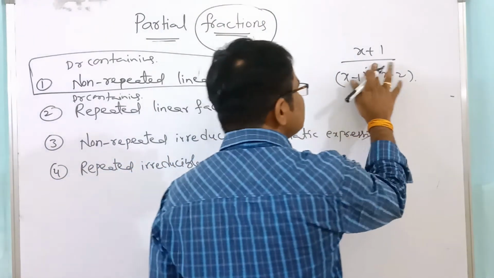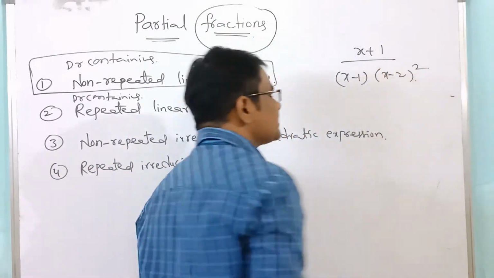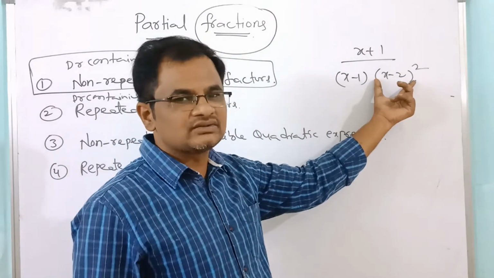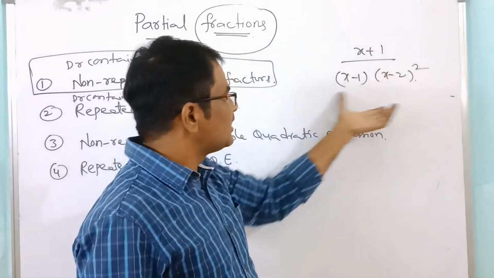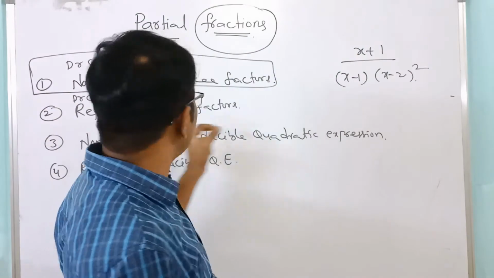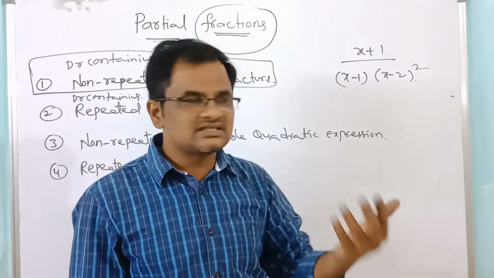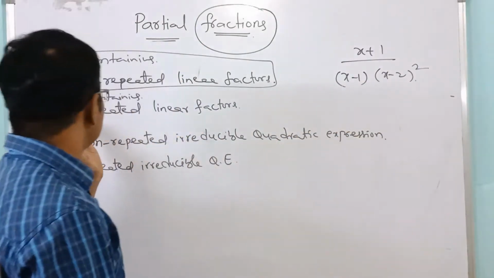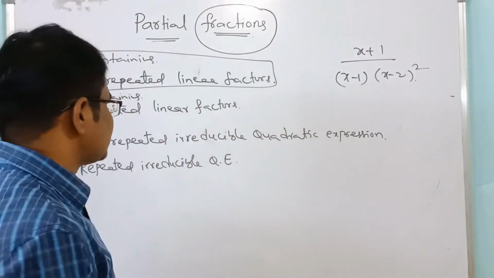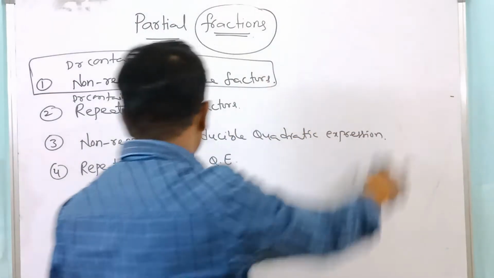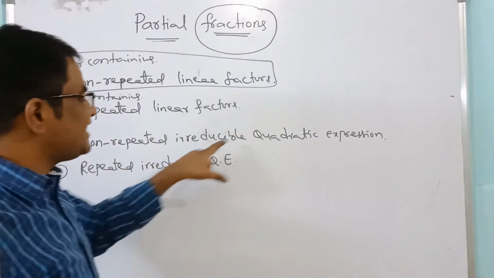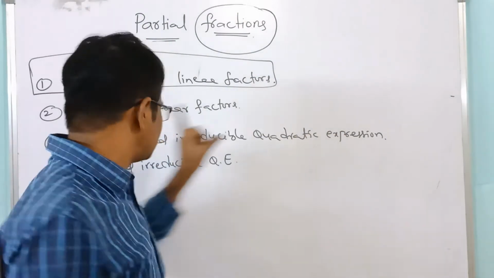Suppose like this is there x minus 2 whole square. So this one also repeating. So that's why this type of denominator containing what? Repeated linear factors means any factor is repeating twice or thrice, then that is called what? Repeated linear factors.